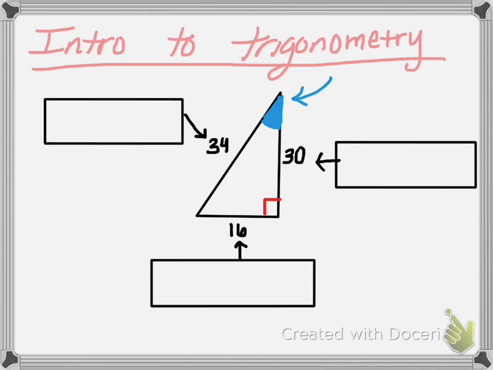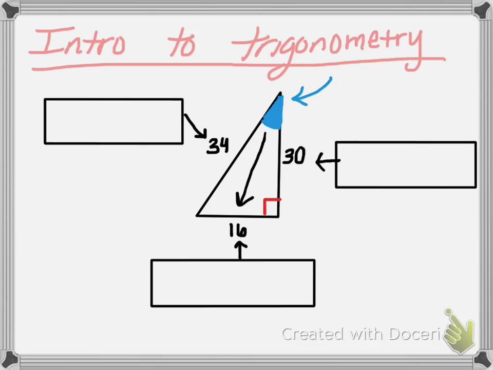Now, in every single right triangle, there are 3 different sides, and they're named based off of the angle that we're talking about. So we're going to start with the most obvious side, I think, and that's the side that's opposite of this first angle up here. If I thought about that angle that's blue, and I said which side would be opposite of that angle, opposite really just means in this term the side that's across from it, and the side that is across from that angle is side 16.